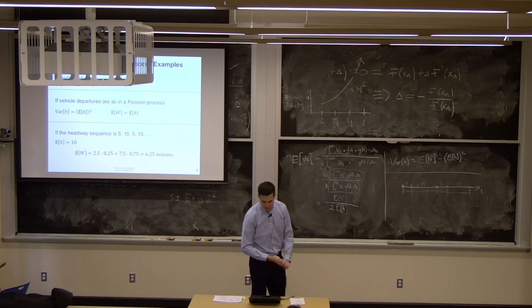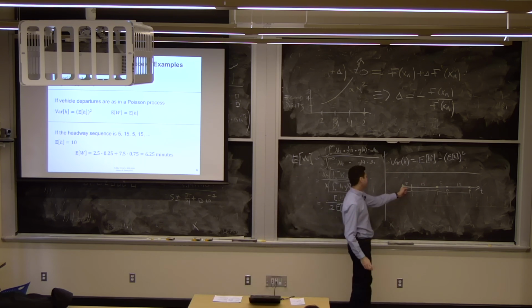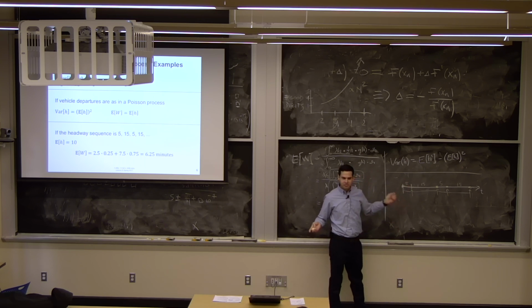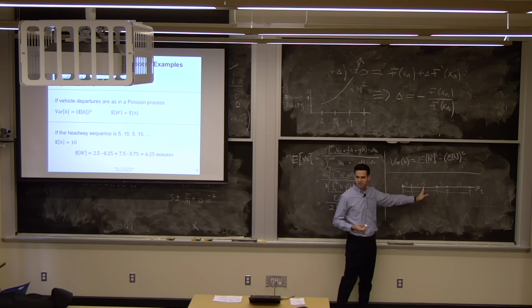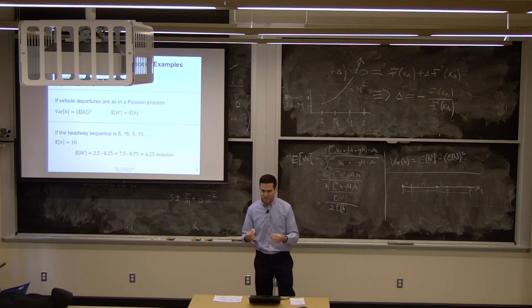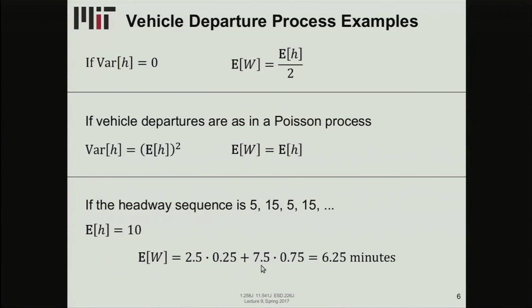So what you'll see is that if you were to arrive on a 5-minute headway, the average waiting time for you would be half of that 5-minute headway, right? 2.5 minutes. And if you arrive on a 15-minute headway, then your expected waiting time, given that you arrive on a 15-minute headway, is 7.5 minutes, right? So that's the 2.5 and the 7.5 in this equation.